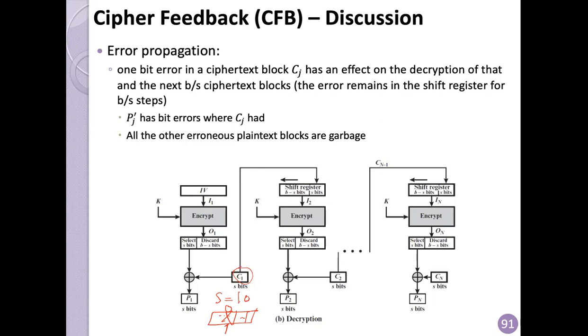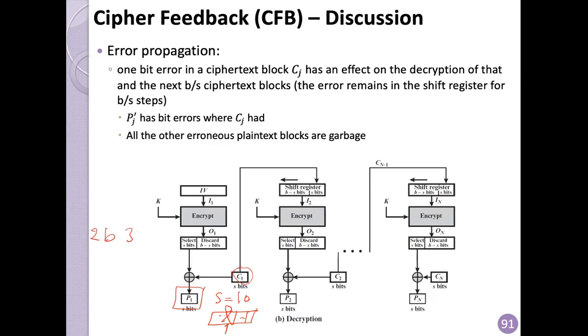What would happen? Of course, when we are doing the decryption process, the plain text for that block is going to have an error in the exact same bit position. For example, let's say this 10-bit number is 2B3.